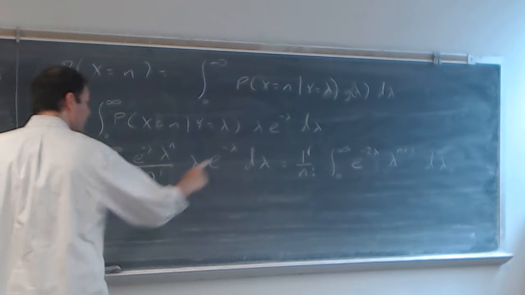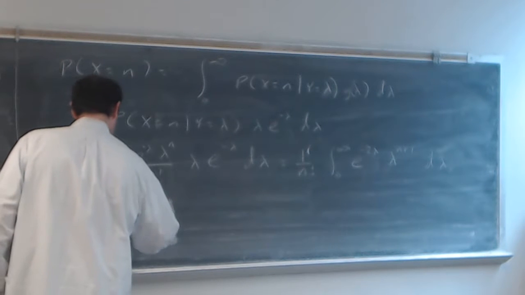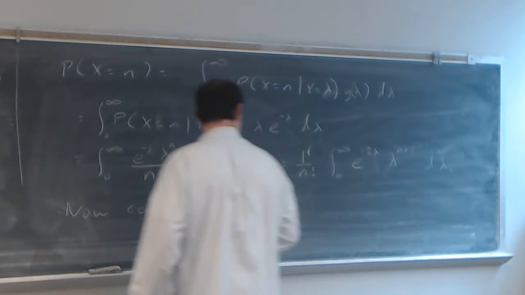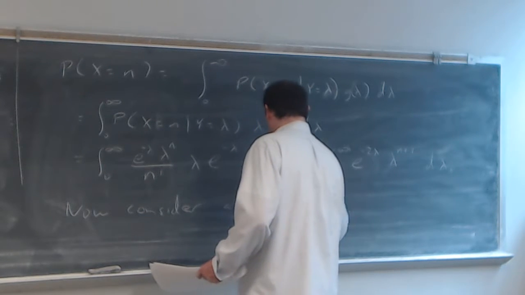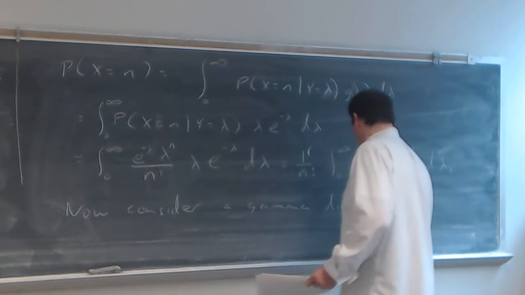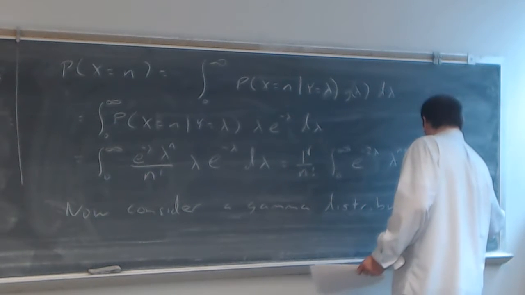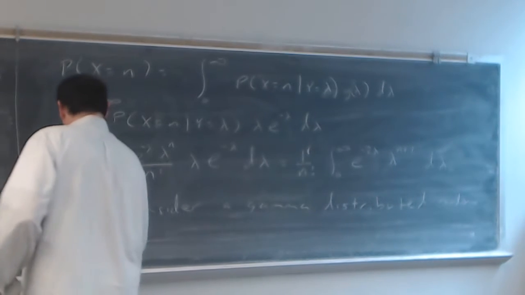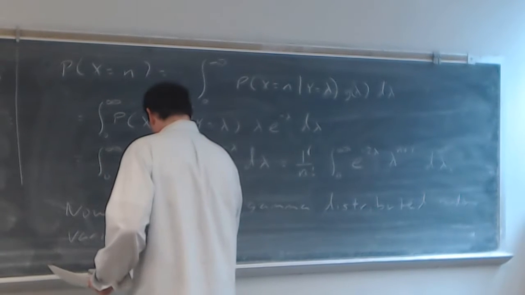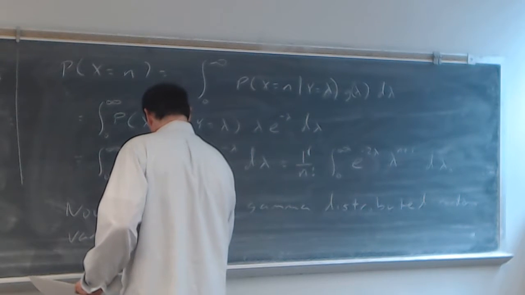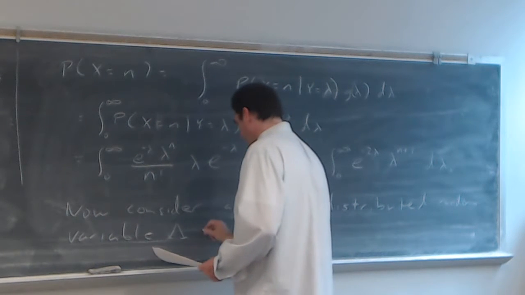So the way we're going to figure out what this integral is, we will consider a gamma distributed random variable. This kind of looks like a gamma distributed random variable. I'm going to call it capital lambda, with parameters.